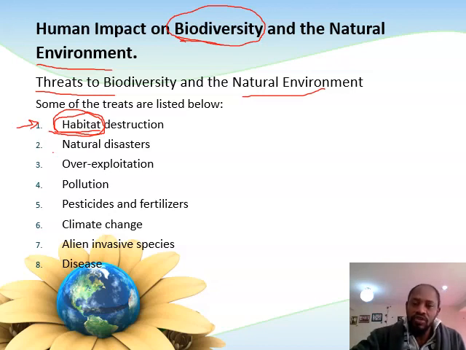Biodiversity also could be reduced as a result of natural disasters, such as volcanic eruptions, flooding, cyclones, and earthquakes. All of these can reduce biodiversity and destroy or damage the natural environment. Another threat is overexploitation of, say, fish.